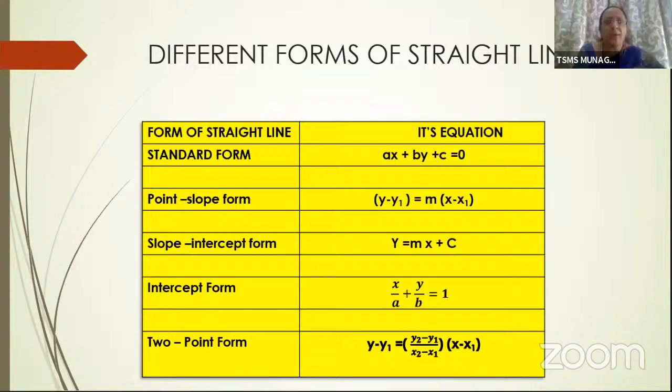Here, let us see certain examples with parallel and perpendicular lines. Now here we have a question. Find the equation of the straight line through minus 1 comma 3.